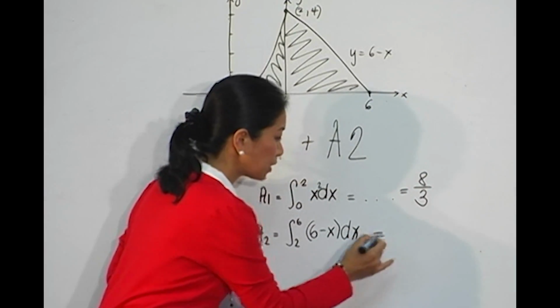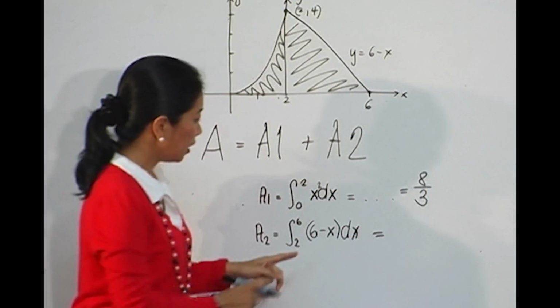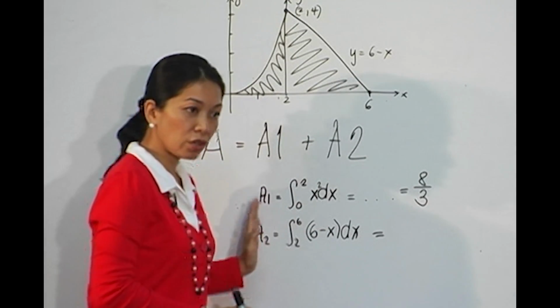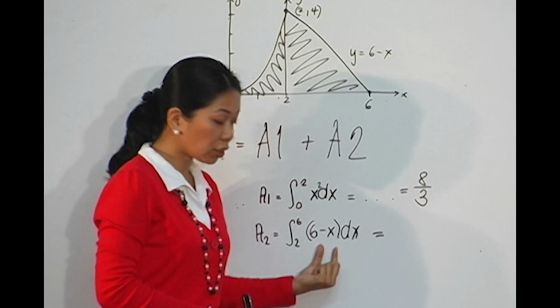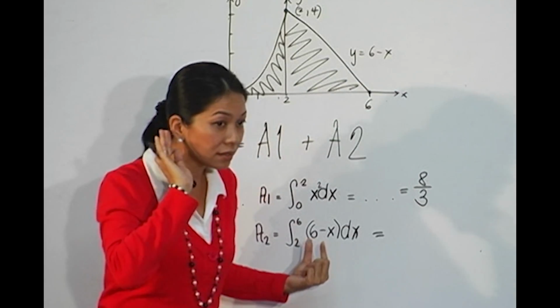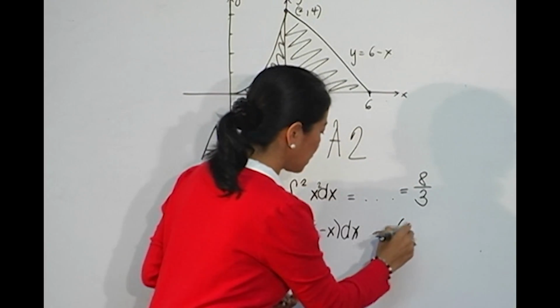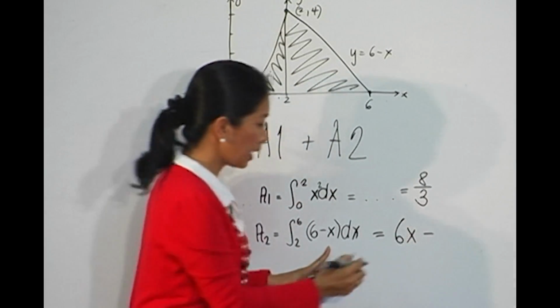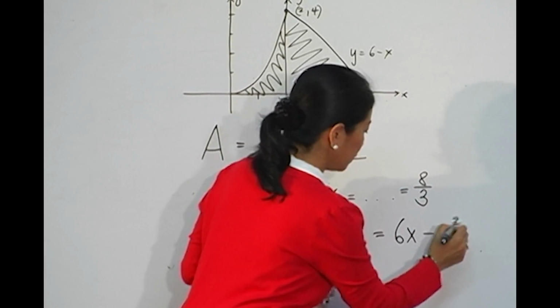Okay, now let's do the integration. Let's do this together, class. You have 6 minus x. Integration is linear, so you can just integrate one term at a time. Integral of 6, class? 6x. Integral of x? X squared over 2.